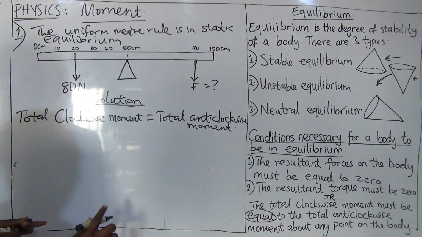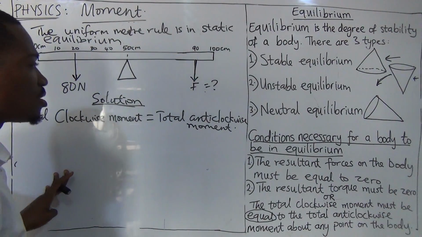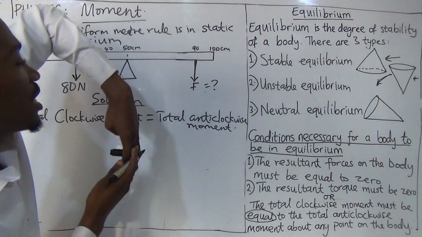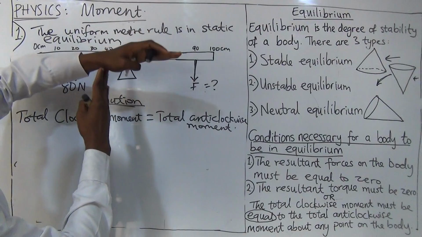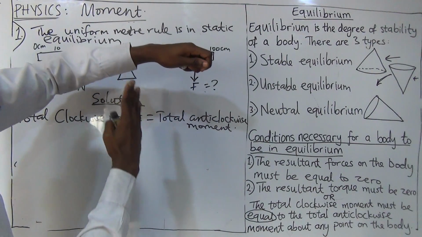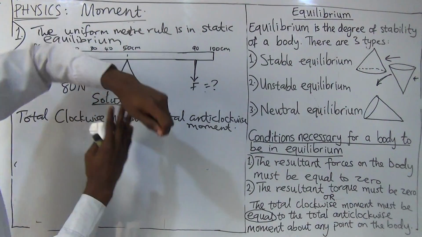What is the clockwise moment? This is the force that's producing the clockwise moment. The force on the right tends to make this beam rotate in the direction of the clockwise moment. We have a knife edge here, you have the beam here. This is the meter rule, this is the knife edge. If you apply the force here, then the beam tends to rotate this way.